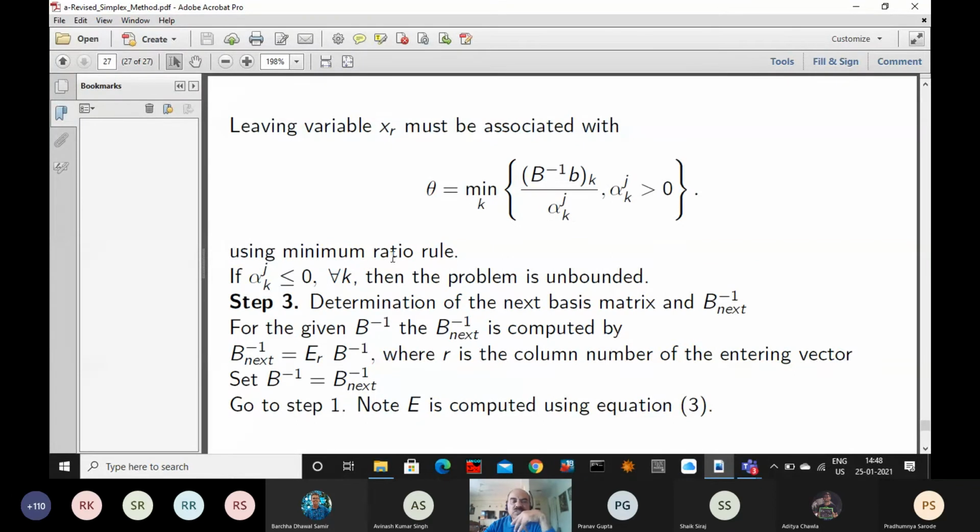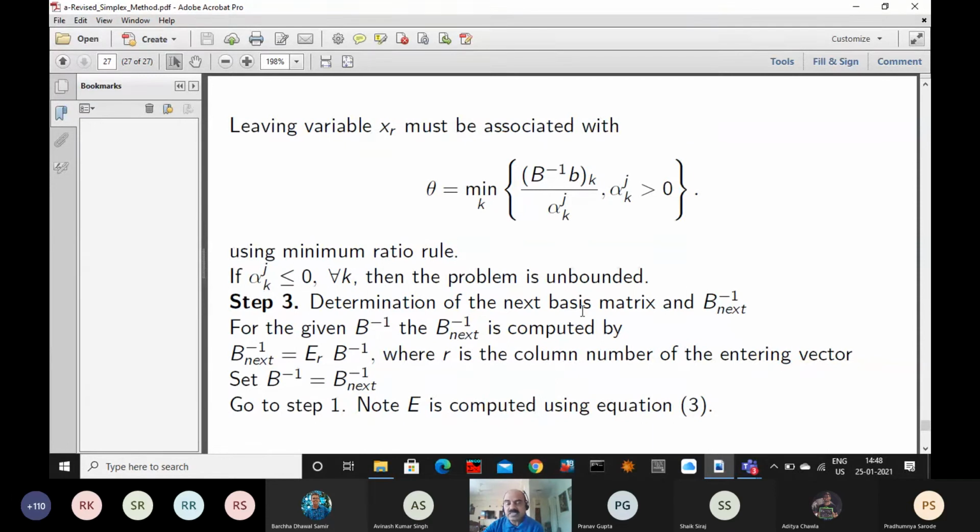This uses the minimum ratio rule. If alpha kj is either negative or zero for all k, then the problem is unbounded. Then we move to step 3.